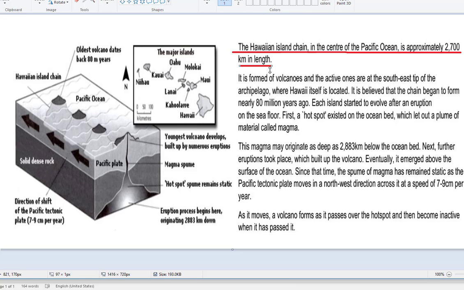But this doesn't tell us what the diagram, or map rather, well, there's a map and a diagram. It doesn't tell us what the point is. The point is not to tell us where the Hawaiian island chain is or how long it is. It tells the illustration shows how the island chain was formed.